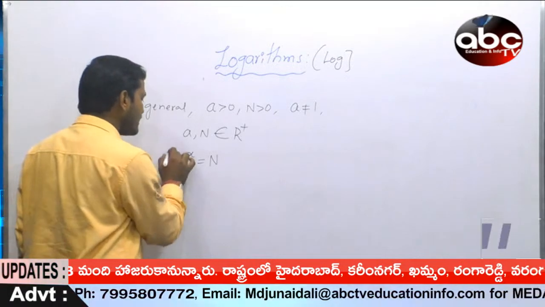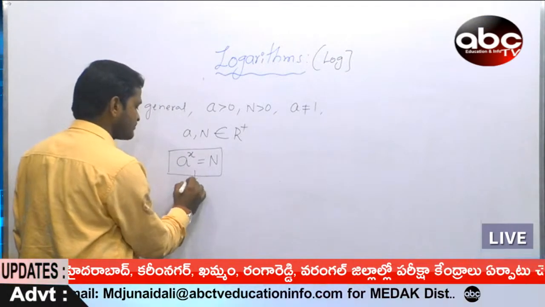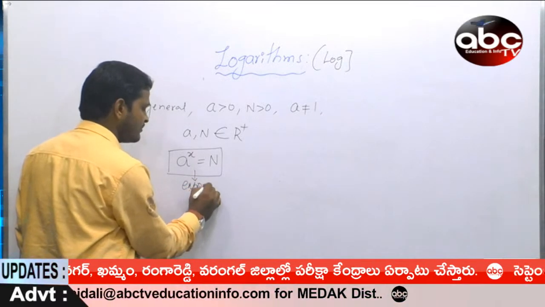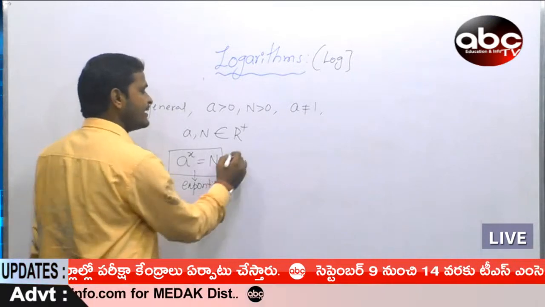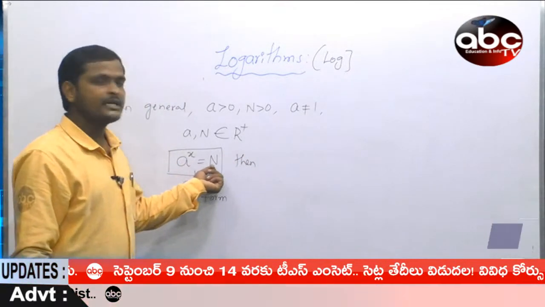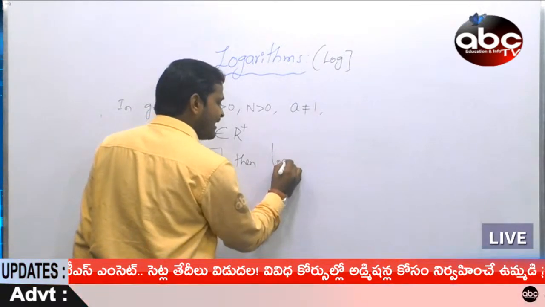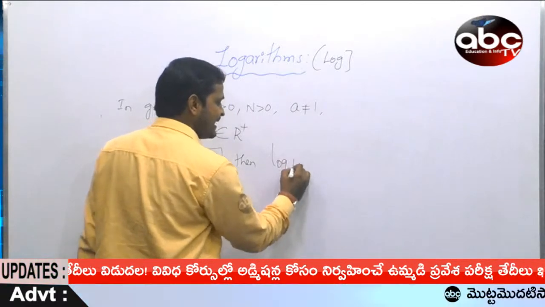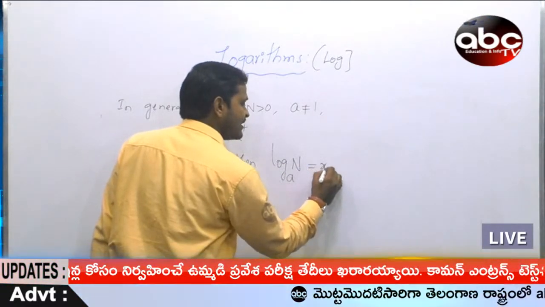Then a power x is equal to n, it is the exponential form. When a power x is equal to n, then you can write log base a of the number n is equal to x.